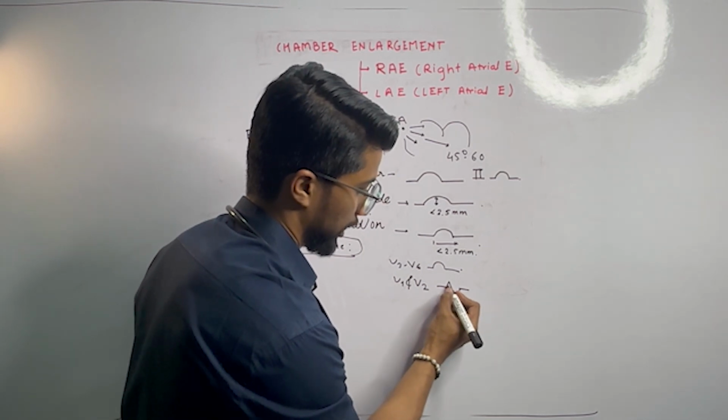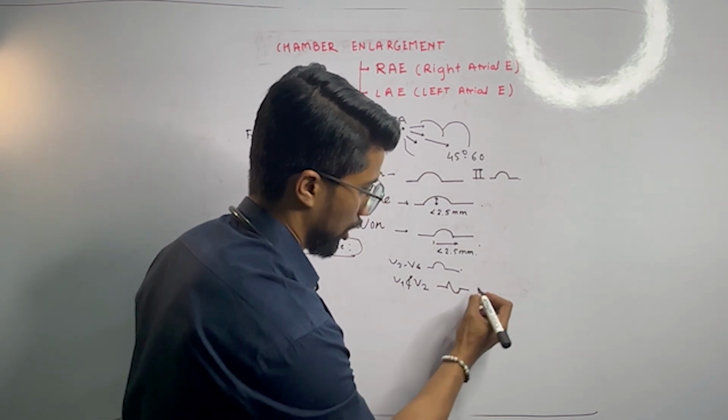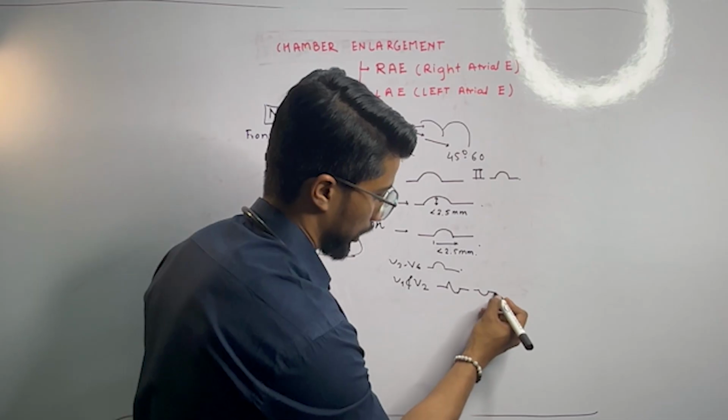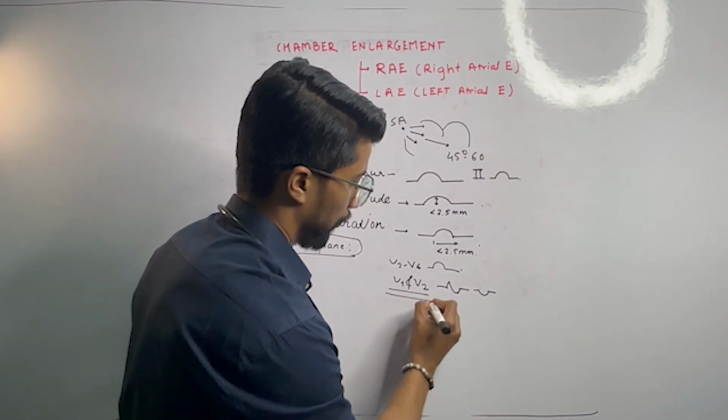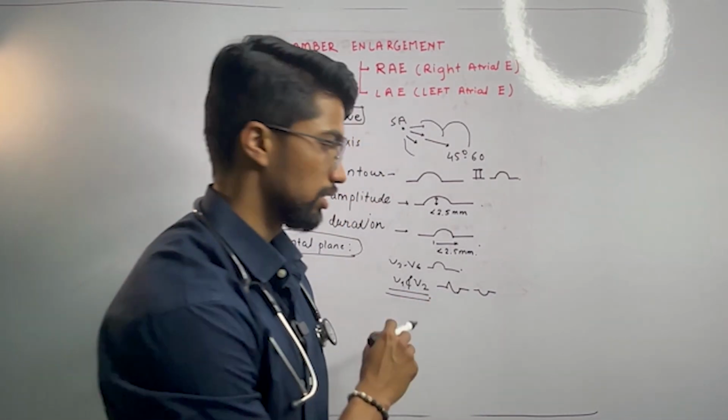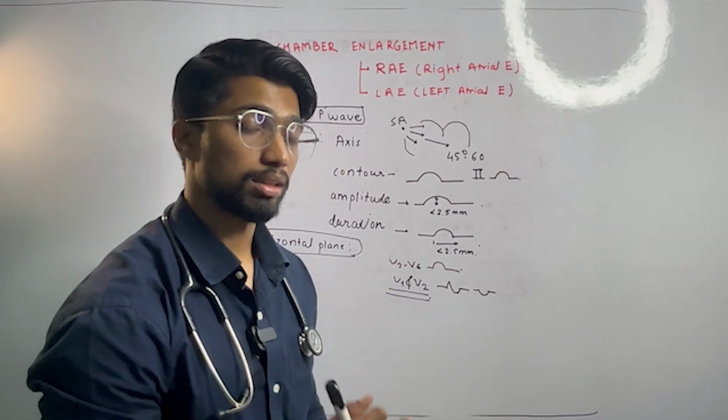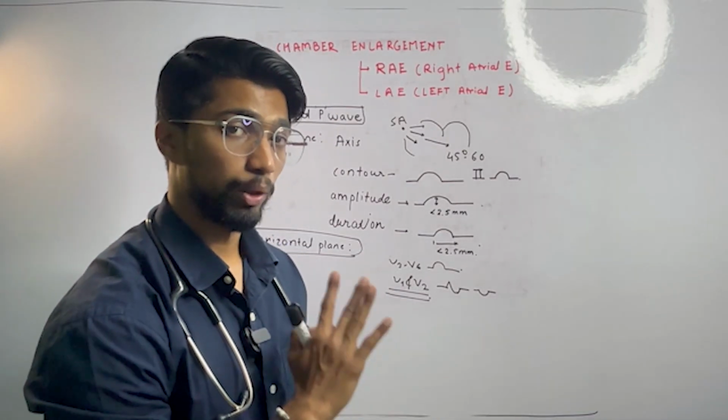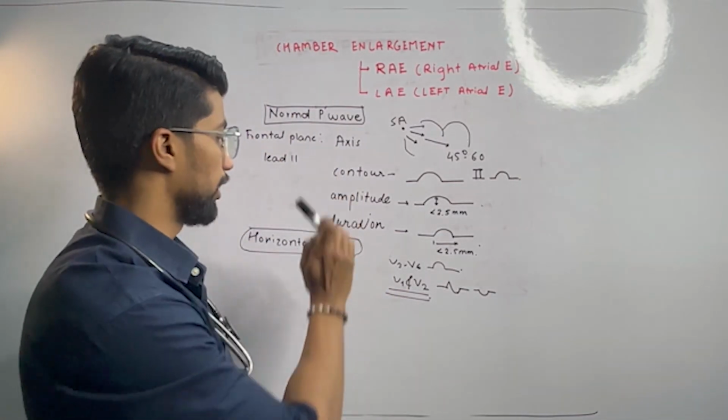The first portion is because of the right atrium, and the next is because of the left atrium, or it can be totally inverted as well in leads V1 and V2. So this is how the normal sinus P wave looks in both your frontal plane and horizontal plane.